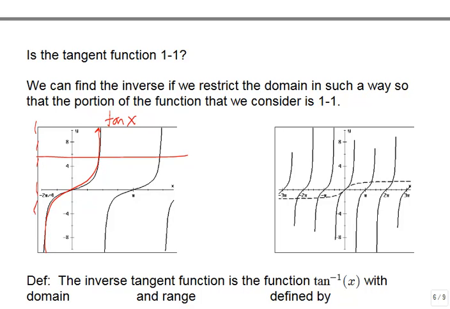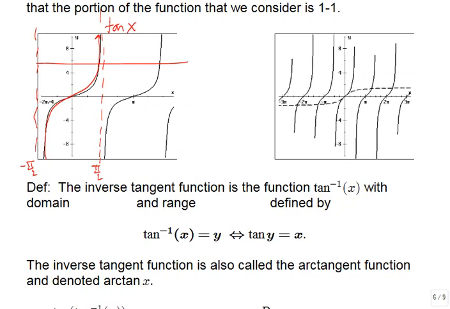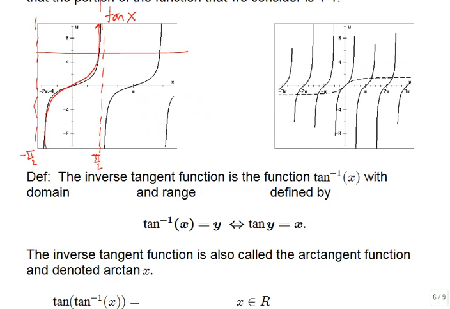So we're going to look at it between minus pi over 2 and pi over 2. Not including those endpoints because those are asymptotes. So what we're going to say is that the inverse tangent function is going to have a domain of minus infinity to infinity and a range of minus pi over 2 to positive pi over 2.